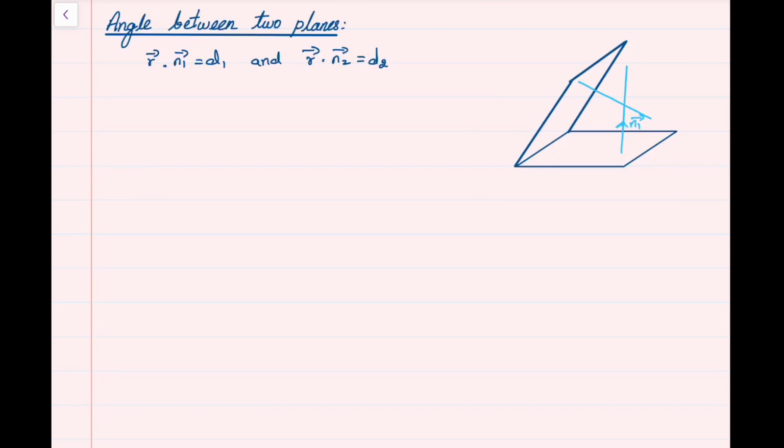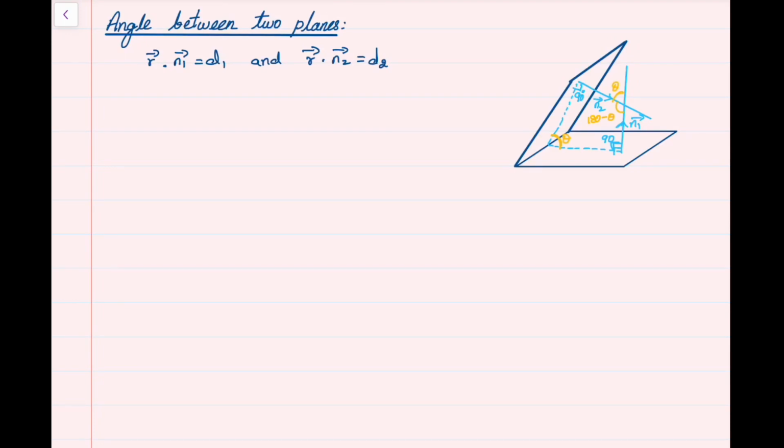This is the normal of the second plane, which is vector n2. An angle between the planes is theta. These two angles are 90. Fourth angle will be 180 minus theta. Therefore, this angle will be theta.